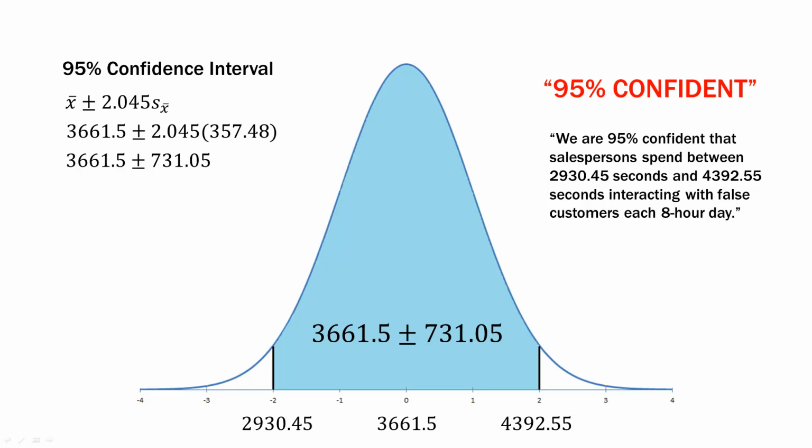That's not what we're saying. What we're saying is that we're 95% confident that this interval contains the population mean. There's a difference. I know it sounds like we're saying the same thing, but those are two different things.